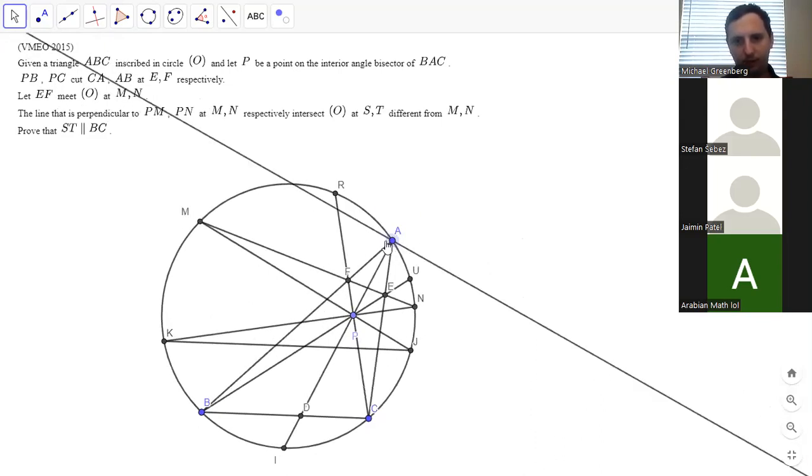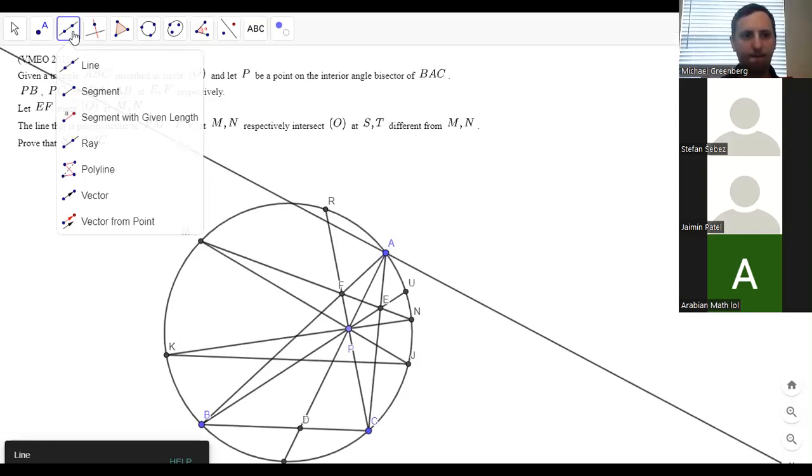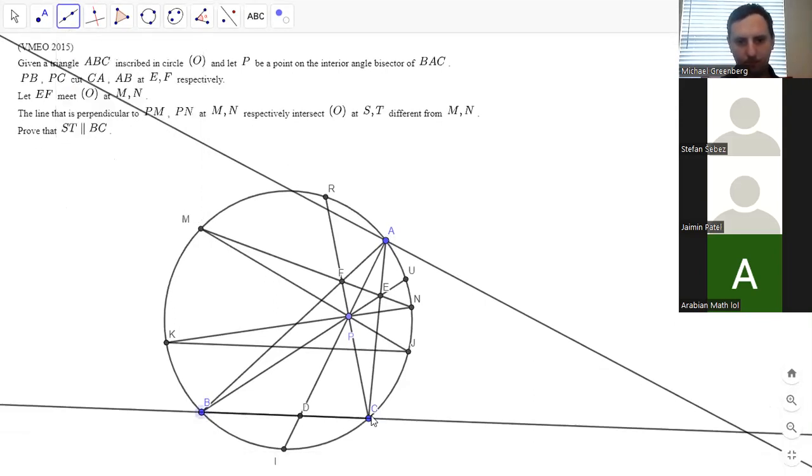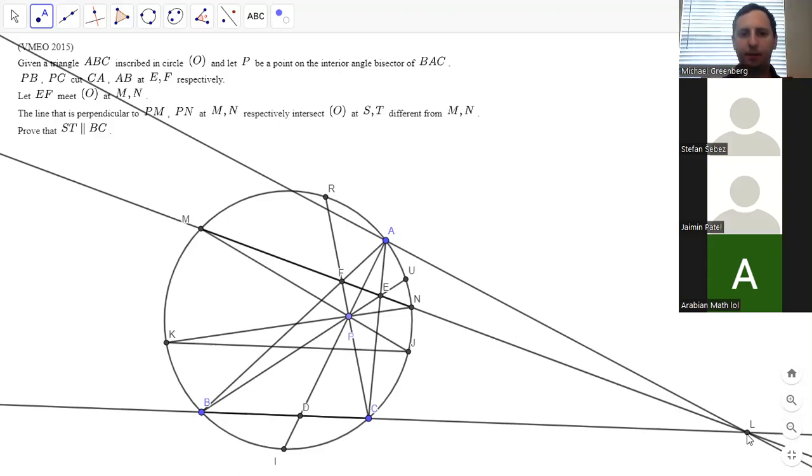So basically, if I add this stuff in, yeah, that's good to know because that allows us to use the fact that P lies on the angle bisector. Yeah, because then these are like a harmonic bundle. That's just straight projective geometry.